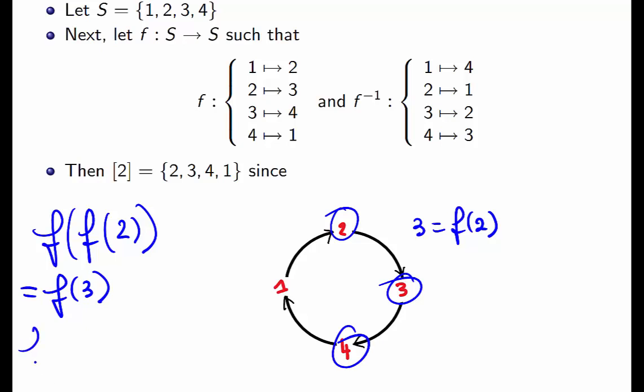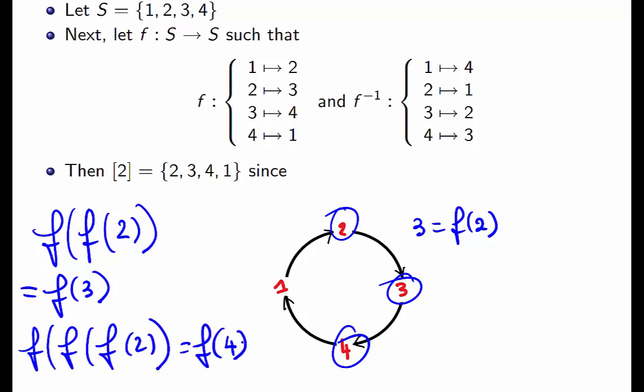And if you compute f cubed of 2, this will be f of 4, but f of 4 is 1. But then again, if you apply f to 1, you get 2. So this is telling us that the orbit of 2 is actually the entire set S. So that means that for this equivalence relation, we have exactly one orbit. Every element in the set is in the same orbit.